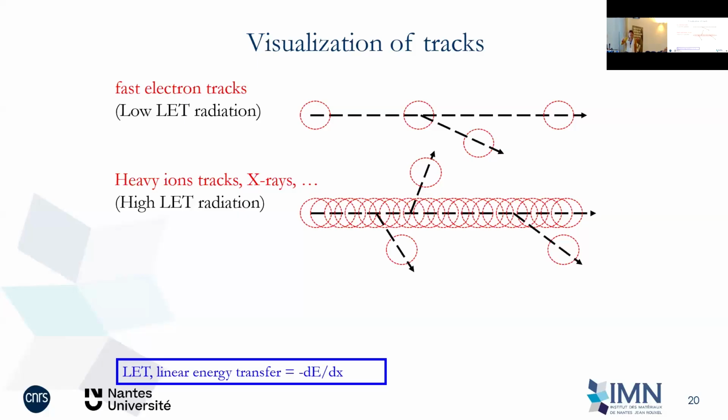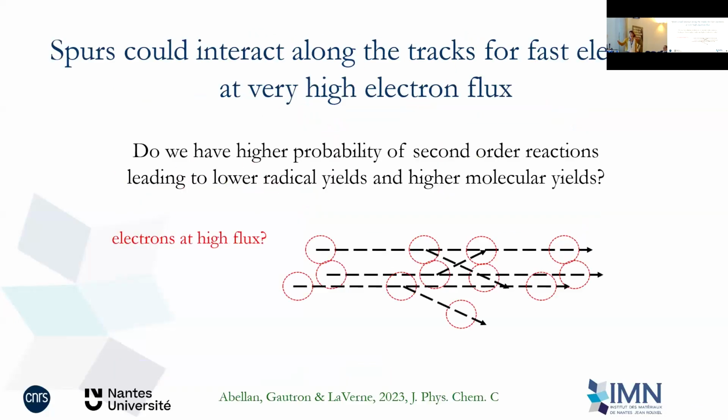Okay, so I'm going back to this. I showed you this from radiation chemistry, where we have fast electrons doing this, and then you have X-rays, which do much more damage. But now we know that we don't really have this, we have this, but we have plenty of them.